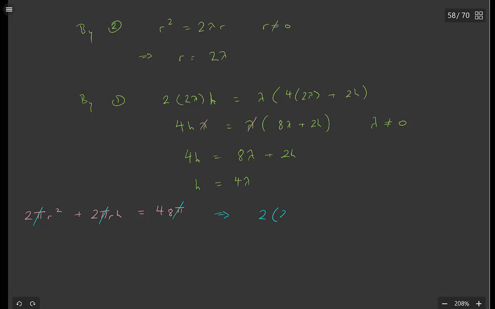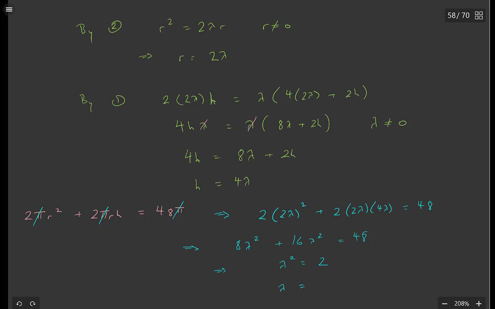This gives us 2 times (2 lambda) squared plus 2 times 2 lambda times 4 lambda is equal to 48. Or 8 lambda squared plus 16 lambda squared is equal to 48. Or lambda squared is equal to 2.